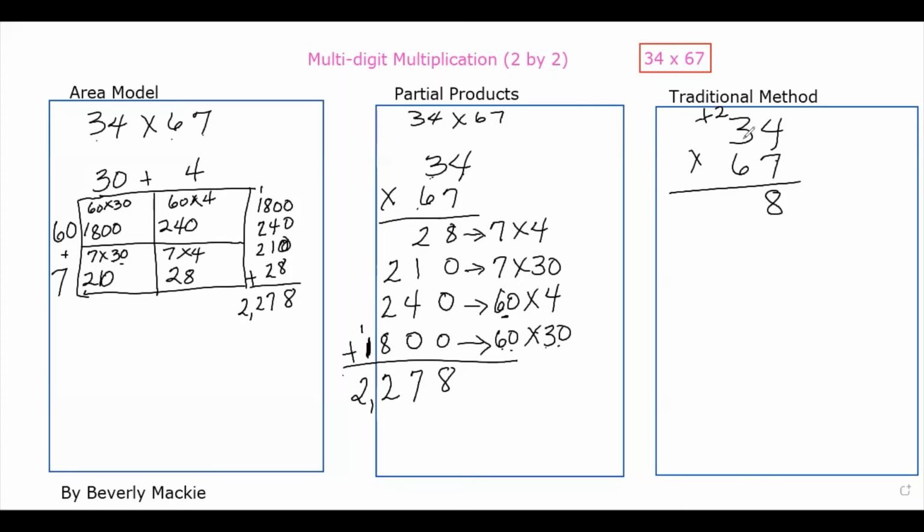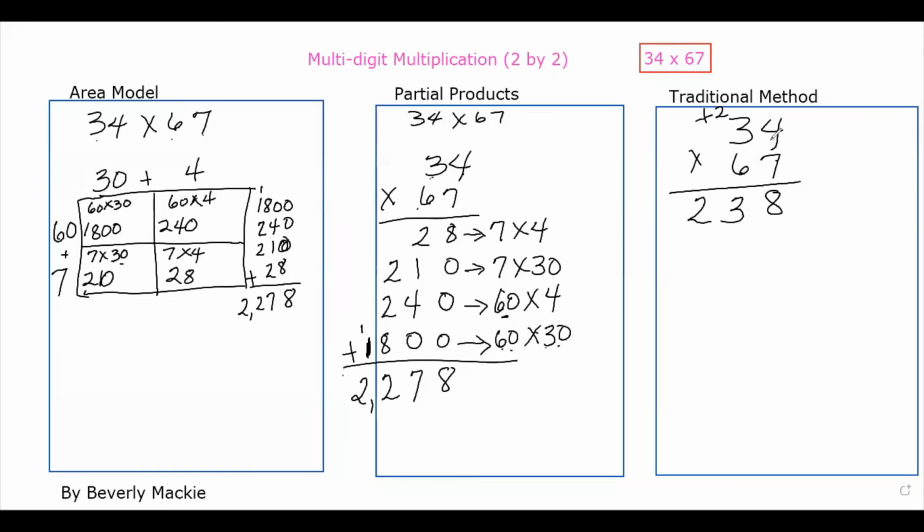And then 7 times 3 is 21 plus 2 more, 23. All right, now I'm finished with that. Let's go to the next.